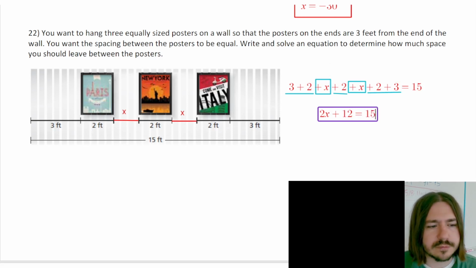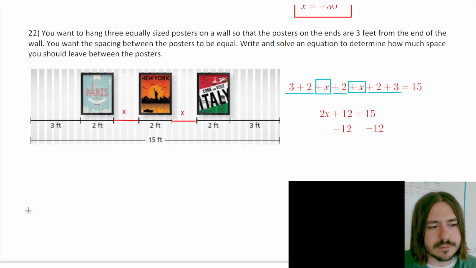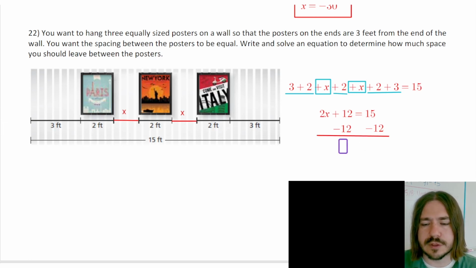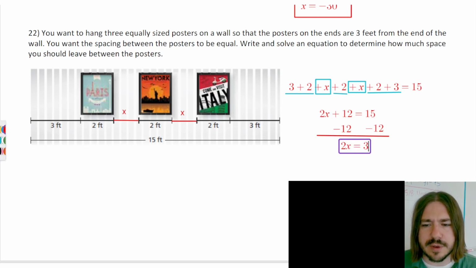We're going to subtract 12 on both sides. So that'll give me 2x equals 3. So x is going to be 1.5, I think. Let's see here.